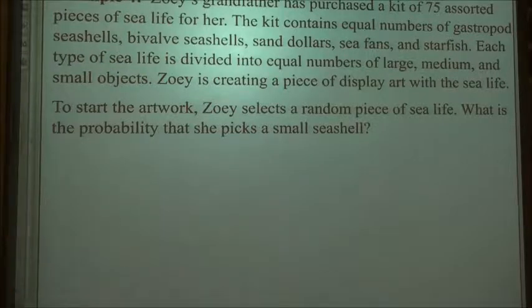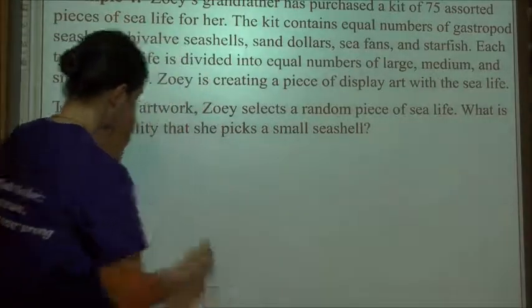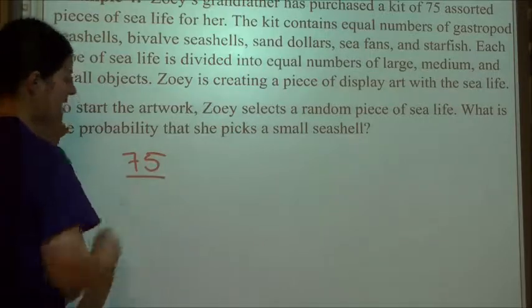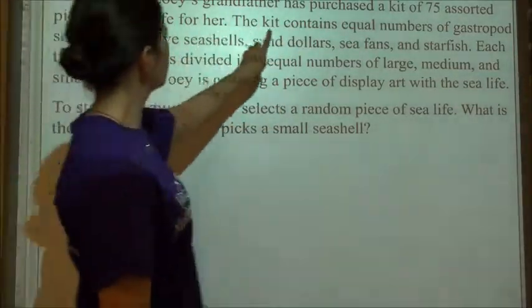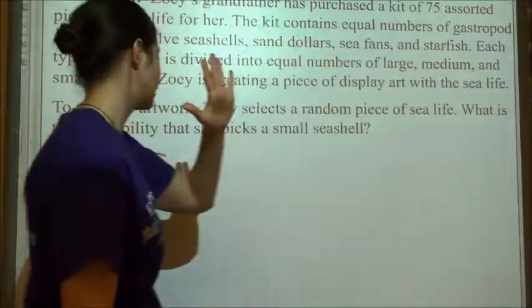Zoe's grandfather has purchased her a kit of 75 assorted pieces of seashell life. The kit has equal numbers of gastropod seashells, bivalve seashells, sand dollars, sea fans, and starfish. So we have 75 total things. And out of those 75 things, you have 1, 2, 3, 4, 5 choices.